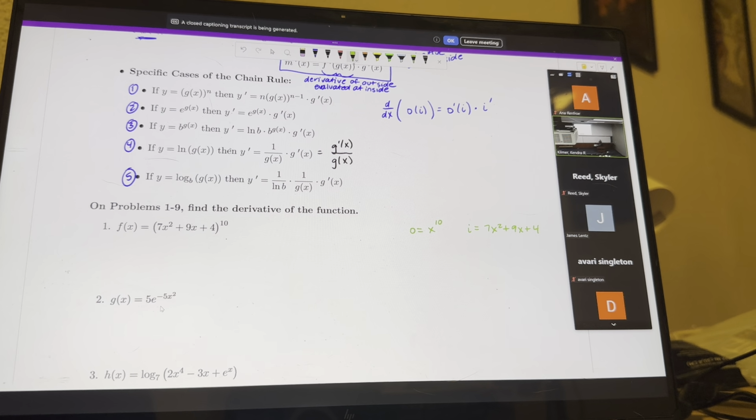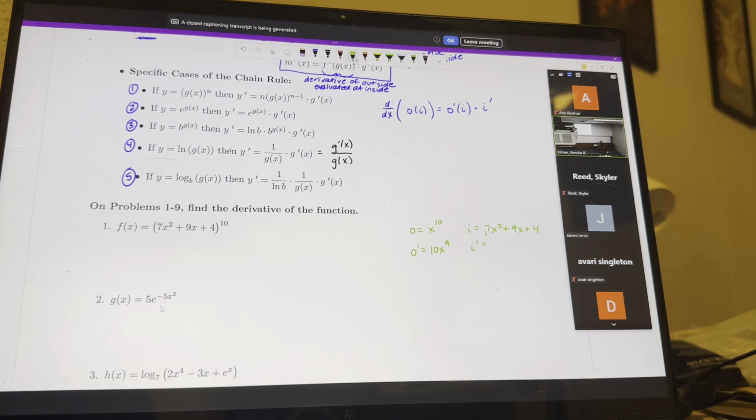Okay, and so then I need the derivative of these two functions to be able to plug in to the chain. So the derivative of x to the 10th is what? 10x to the 9th. If I take the derivative of I, I'm going to write it as I prime.